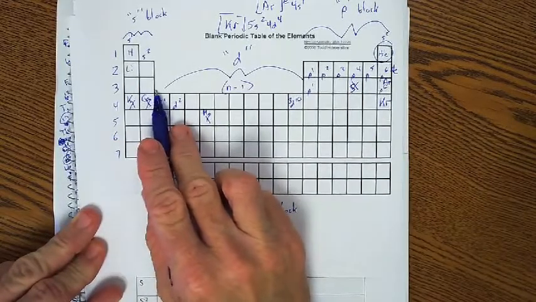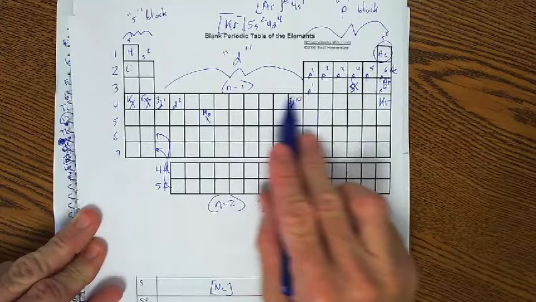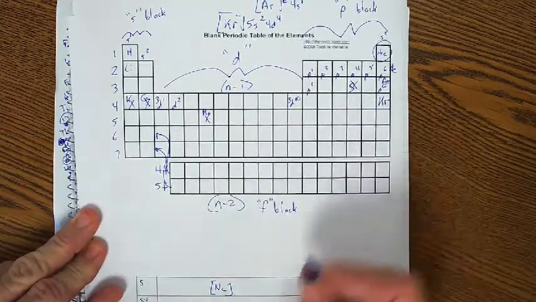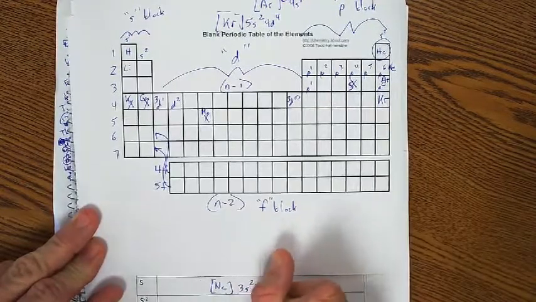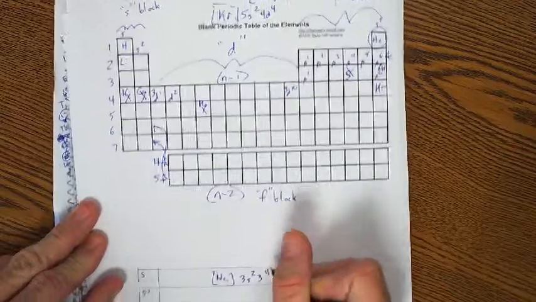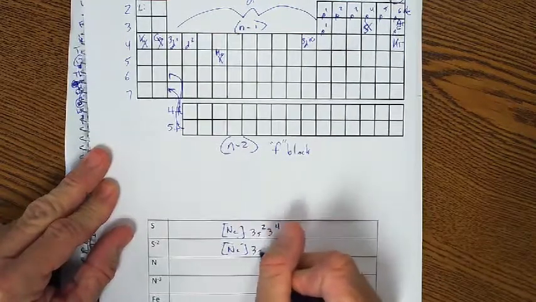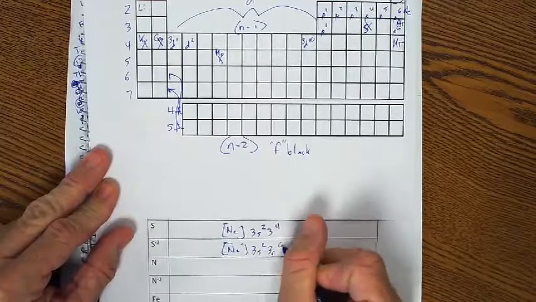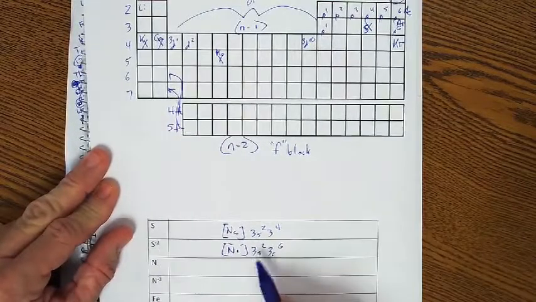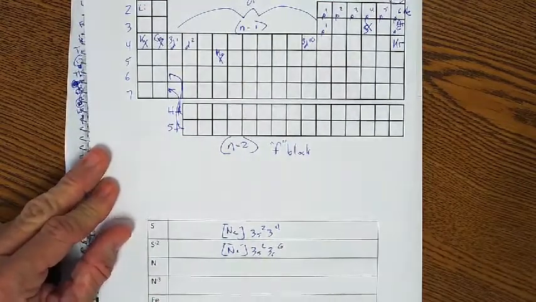So the first 2 would be in 3s2, 3p, 1, 2, 3, 4 across in that section. So 3s2, 3p4. If it's -2, that means it has 2 extra electrons, which is why it's very stable as an ion. So it'd be 3s2, 3p6.